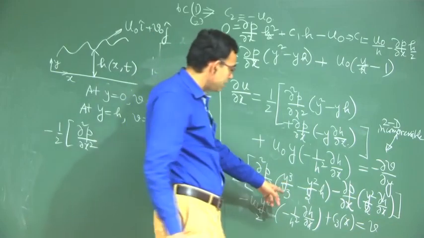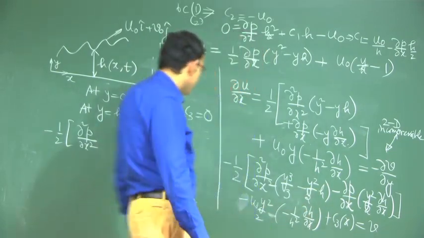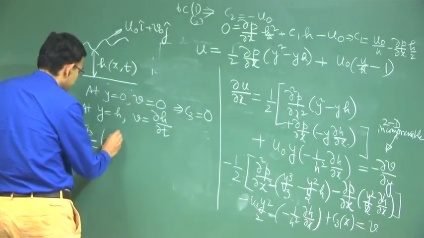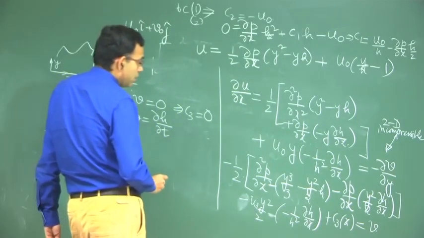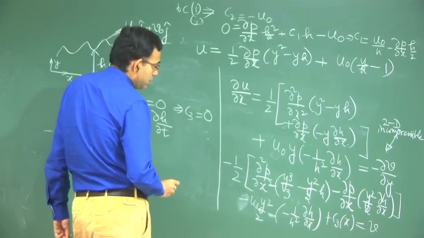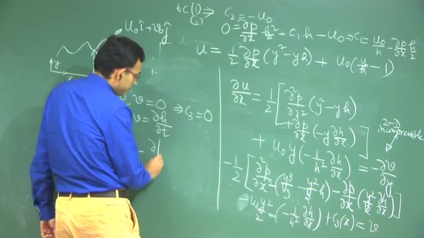This is h cube by 3 minus h cube by 2, so minus h cube by 6, then this is minus.